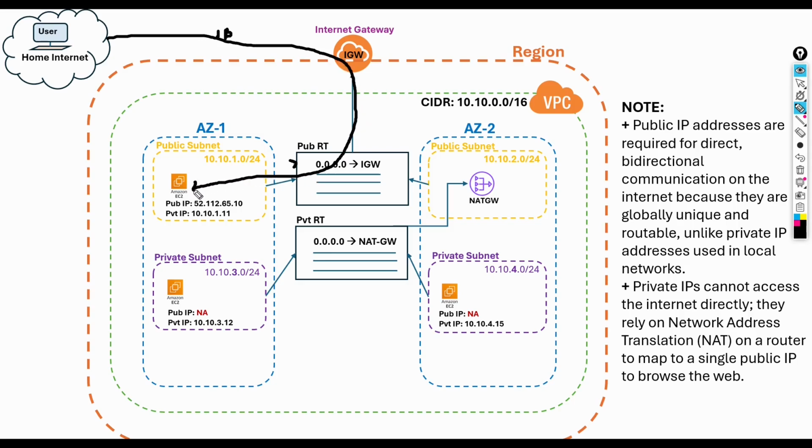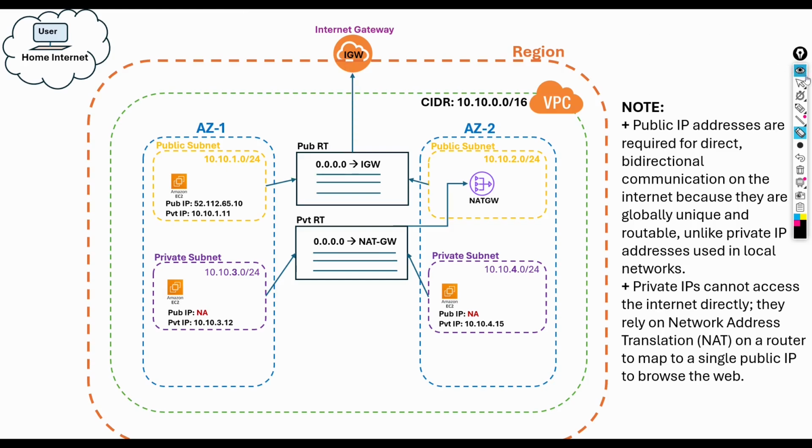The traffic which is coming from the internet to access the server inside the public subnet, we call the inbound direction, because the traffic is coming in, from outside to inside. I hope you understand so far.